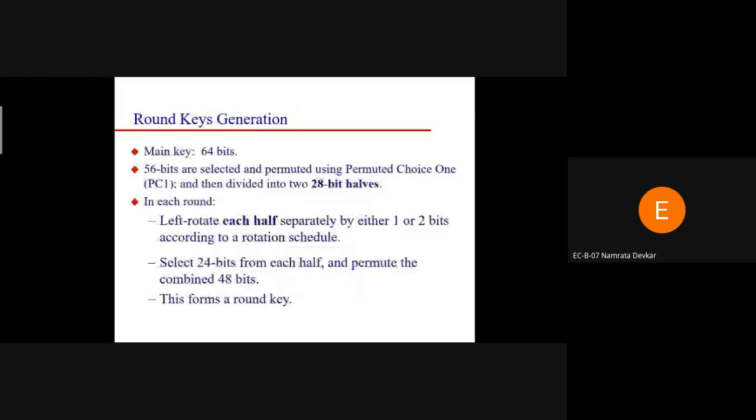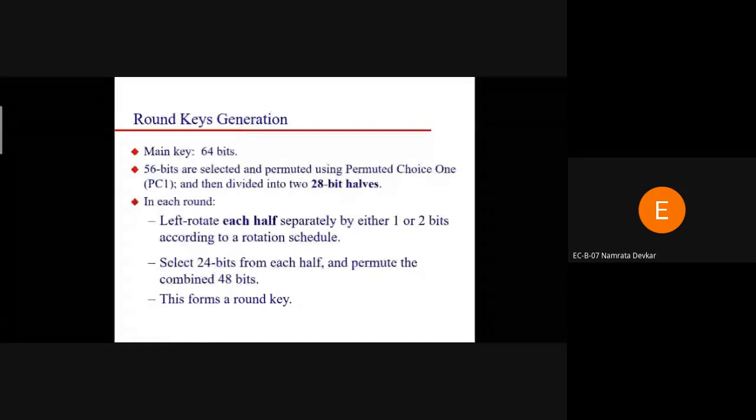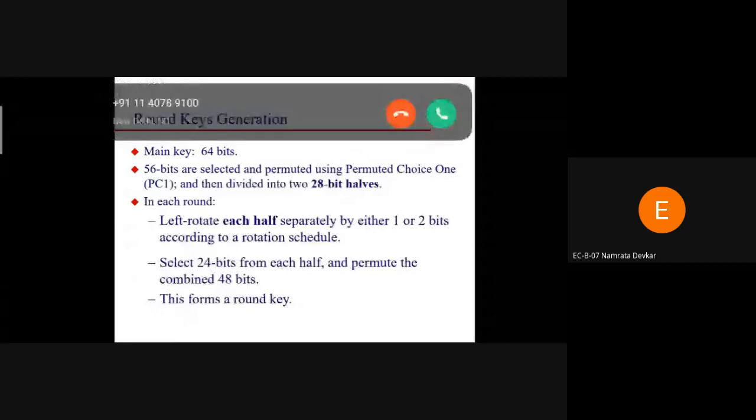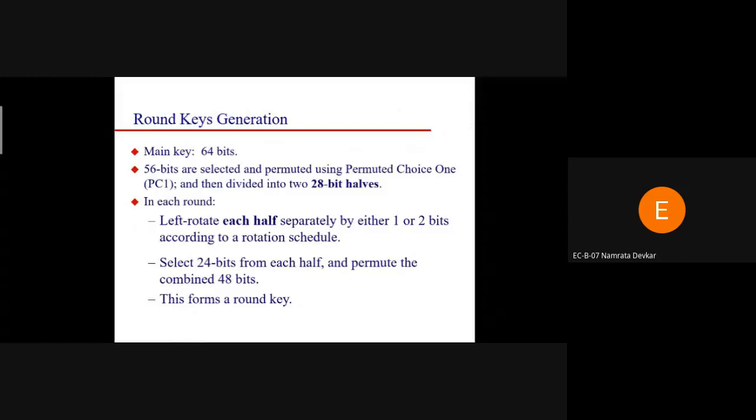The next point is round key generation. Now, what is round key generation? That process will be understood in an algorithm. Our main text or main information will be of 64 bits. We have to divide the 64 bits into 56 bits, and that is done by permuted choice 1.